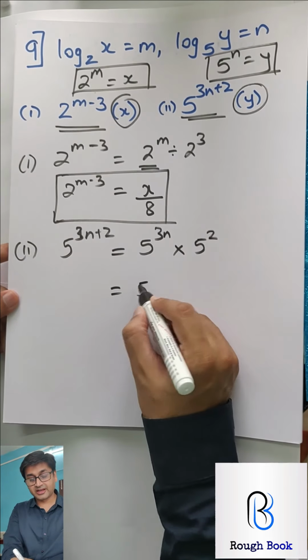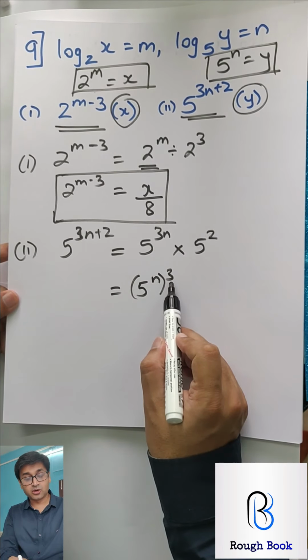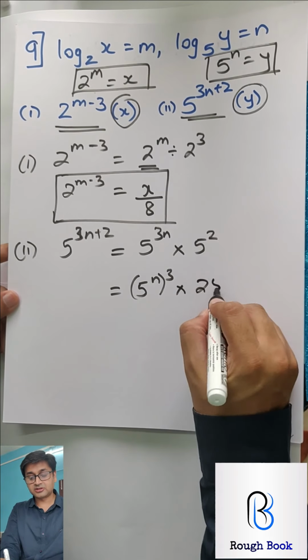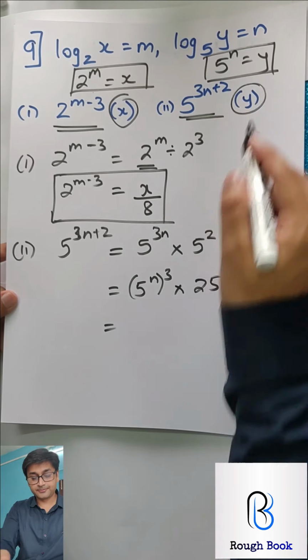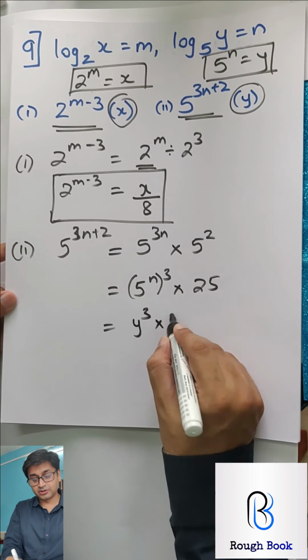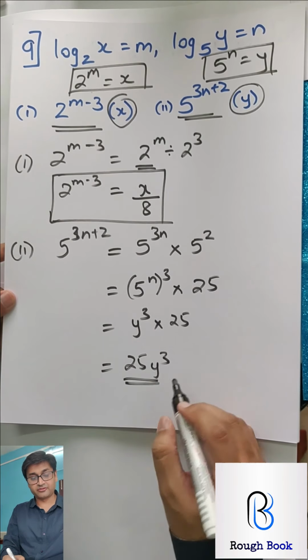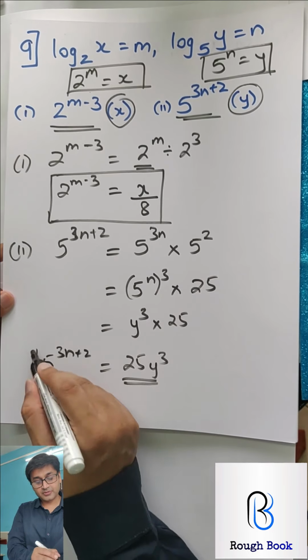One more step, 5 raised to n, cube. See, when you multiply this, again law of indices, 3 into n becomes 3n, and 5 square is 25. Now I can say 5 raised to n is y. So I will get y cube into 25. So basically I will say 25 y cube. That's the answer for 5 raised to 3n plus 2.